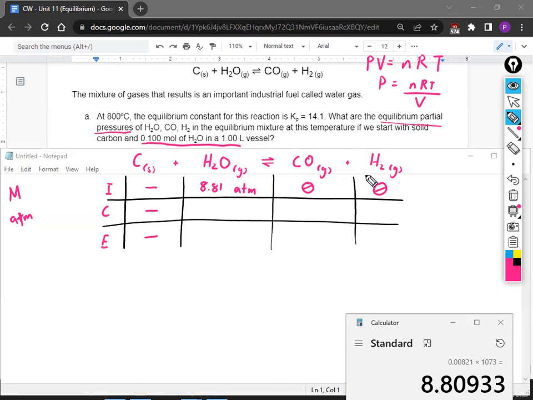All right, so from here, it's just a standard ice table. Are we going to have a positive or negative change for H2O? Negative, yeah, because we're going to lose some, and that's going to end up with 8.81 minus X, and then obviously we'll gain for the products because we didn't have any in the beginning.